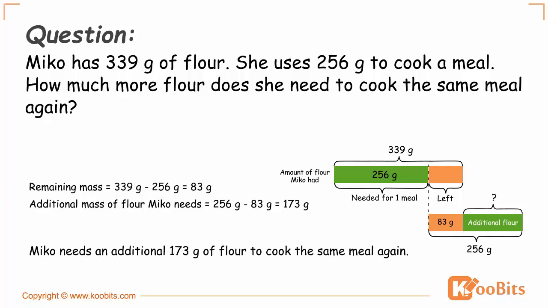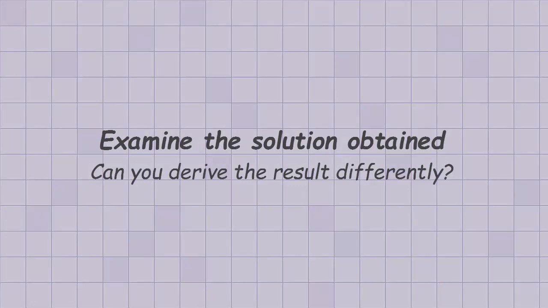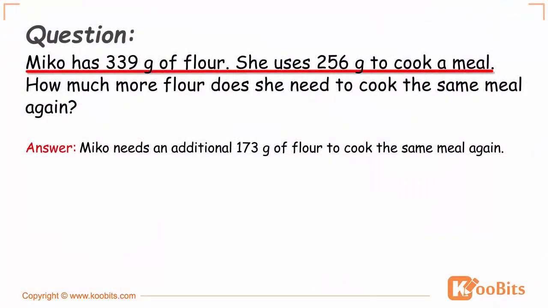Let's move on to check our answers and ensure they are correct. This time, let's use another method to solve this problem. We know that Miko has 339 grams of flour now, and she uses 256 grams to cook a meal. We also know that Miko wants to cook two of the same meal in total.